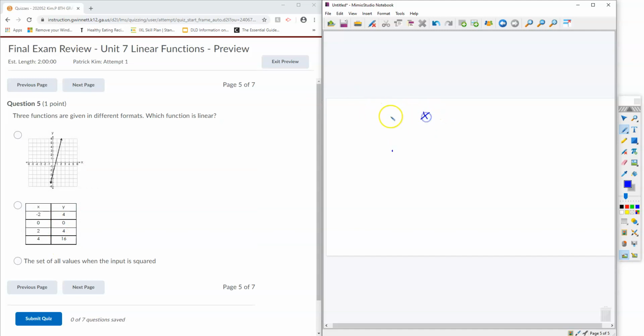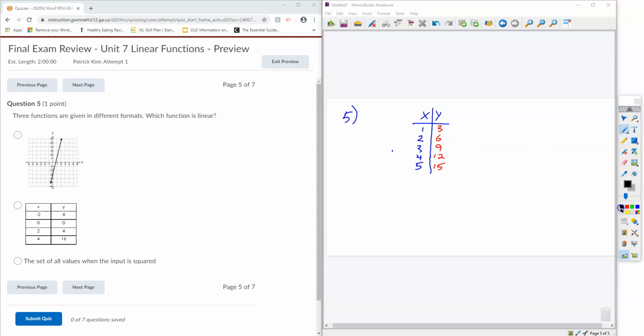Now, when you have an x and y table, let's say that's 1, 2, 3, 4, 5, a linear function changes by the same amount at each step. So let's say that's 3, that's 6, that's 9, 12, and 15.